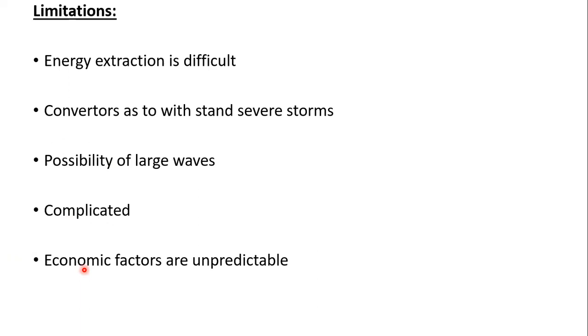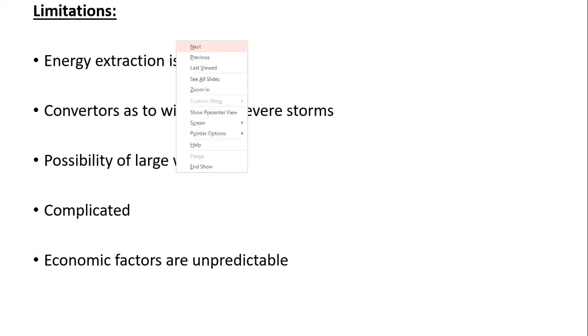Economic factors such as capital investment, cost of maintenance, repair and replacement, as well as problems of biological growth of marine organisms, are all relatively unknown. These are all unpredictable and seem to be large. So these are the limitations of wave energy.